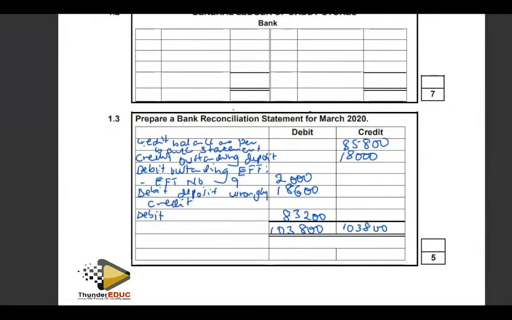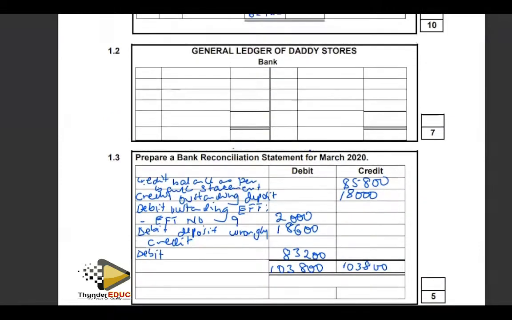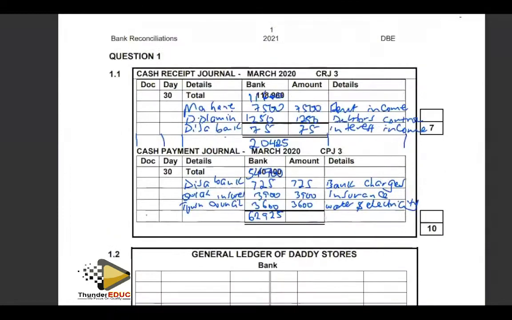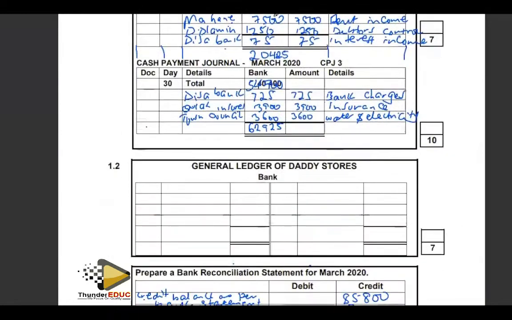Anyway, let me first wait. Let me balance off my account here in the general ledger and see how much I am getting. Remember, you know this, how to do the general ledger. We are going to get our total receipts here. Total receipts on the debit side. Now we are taking the actual amount here, which we have 20,425, okay?